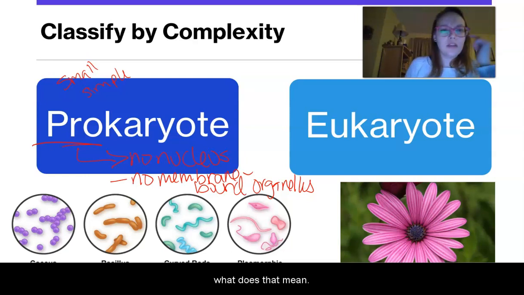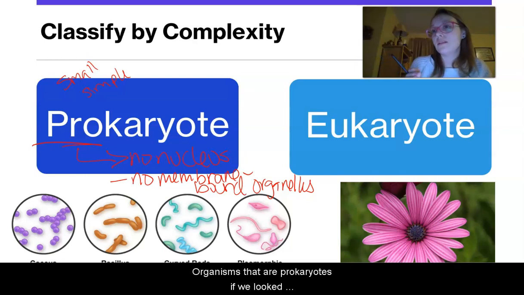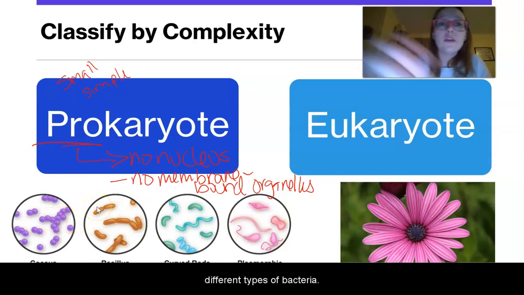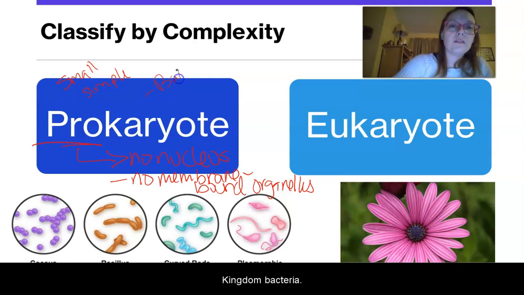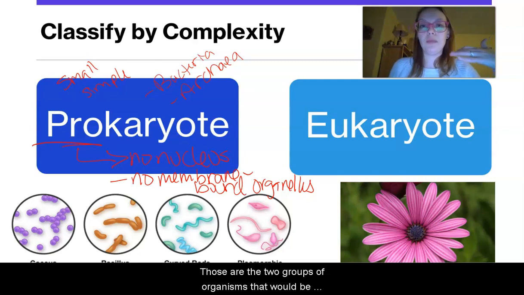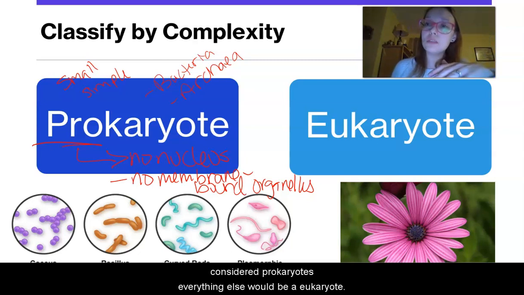What does that mean? The examples of organisms that are prokaryotes, if we look down here at the bottom of the screen, these are all different types of bacteria. So the kingdom Bacteria and the kingdom Archaea. Those are the two groups of organisms that would be considered prokaryotes.